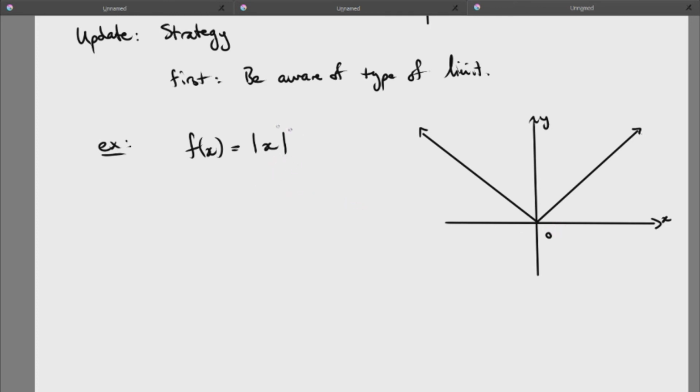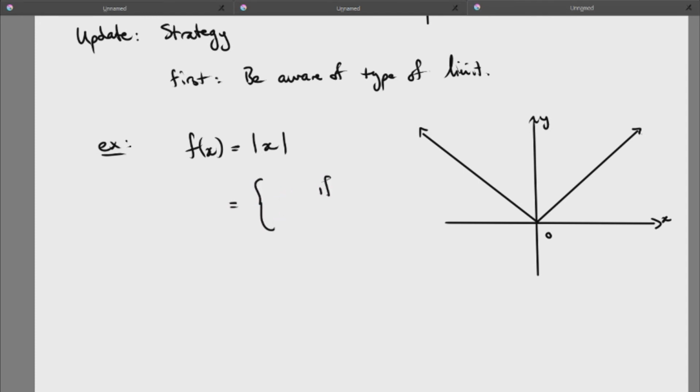But it is used to illustrate something with two-sided limits because this isn't one function. This is really two pieces put together made to look like one function. It's not one function.